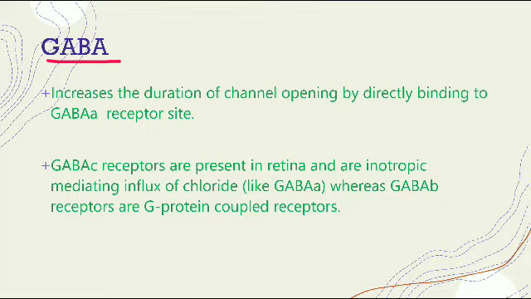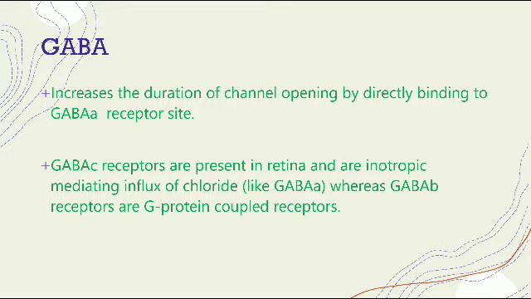So this GABA, what does it do? This GABA directly binds to the GABA A receptor site. And when it binds to the receptor site, it increases the duration or time period this ion channel complex remains open, leading to increased conductance.